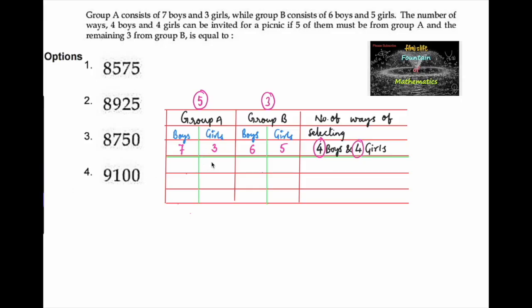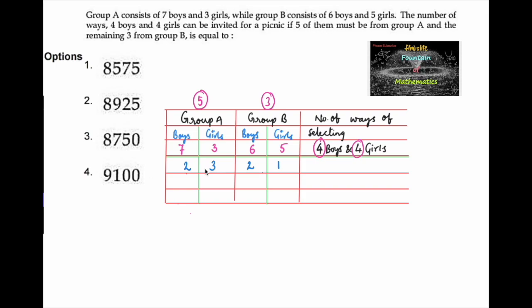Let us say 3 girls are selected here. Because the total is 4 boys and 4 girls, 1 girl should be from group B. So 4 girls are satisfied, and for the 5 from group A, 2 boys should be selected here, and 2 boys must be in group B, so that 4 boys and 4 girls are completed.